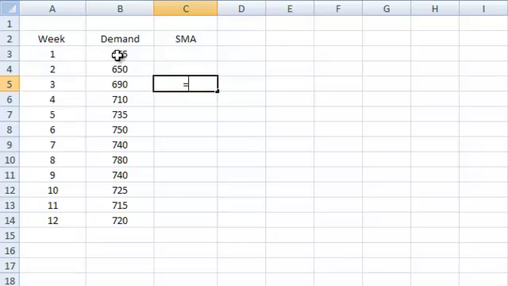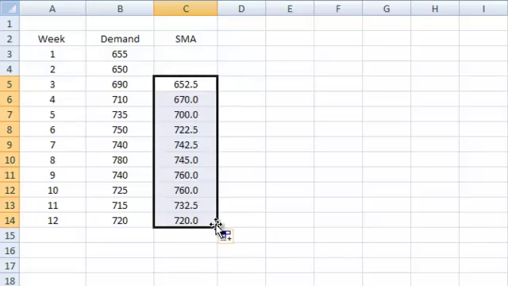So all we would do is put a formula in where we take cell B3, add cell B4, close the bracket, divide by 2, and this is the forecast that we could use for week 3. As time goes on, the oldest piece of information drops off and we pick up the new piece of information. We can just click and drag, and there's what we would call our 2-period simple moving average.